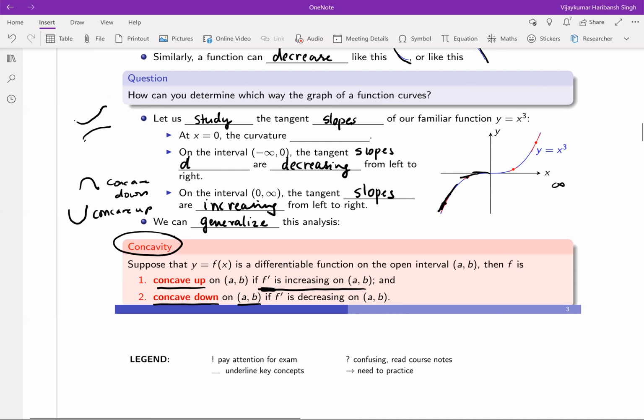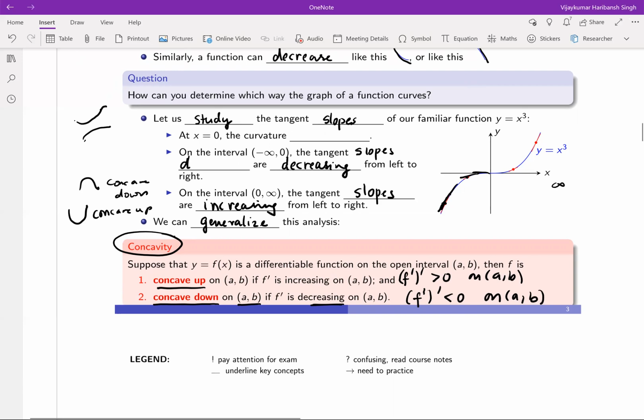However, note the following. I can say the same thing in the following way. If a function is decreasing, then the derivative of that function is less than 0. So if f prime is decreasing, then f double prime is going to be less than 0 on AB. Similarly, if f prime is increasing on AB, that means f double prime is going to be greater than 0 on AB.